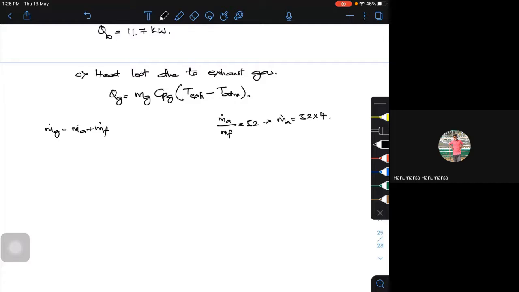Now, 32 times 4 is 128, so mass of air is 128 kg per hour.